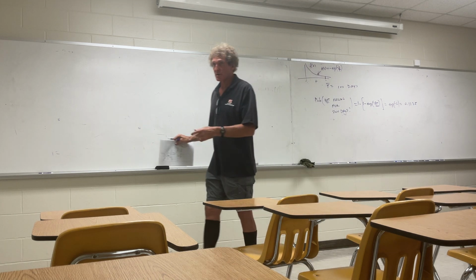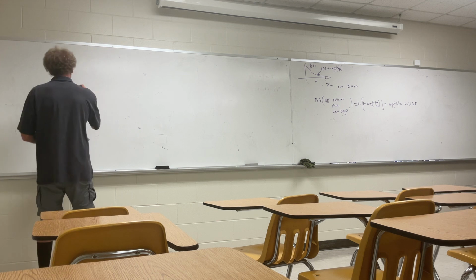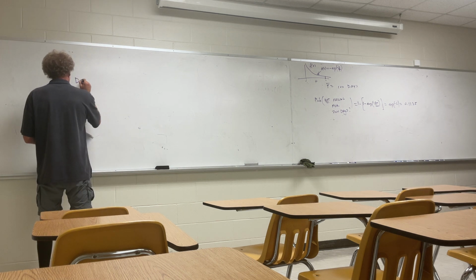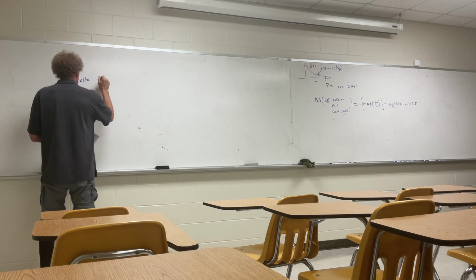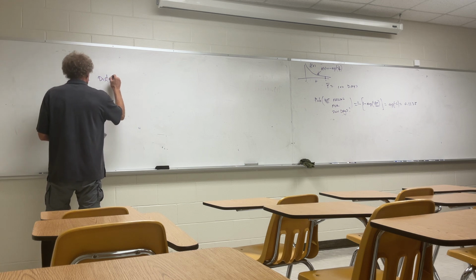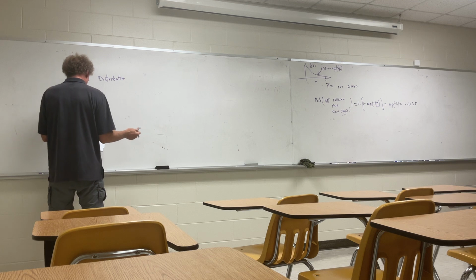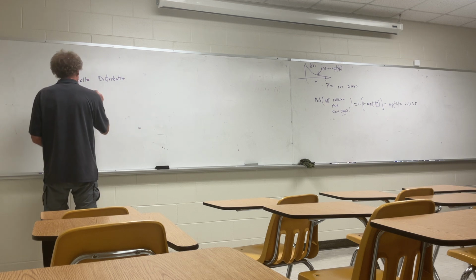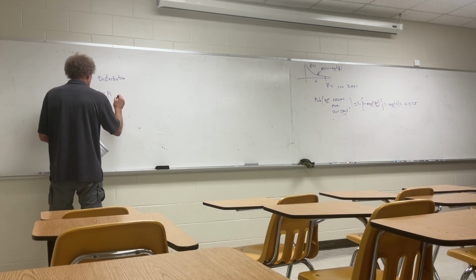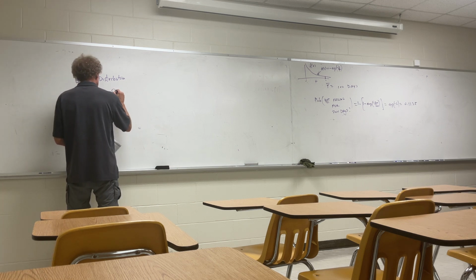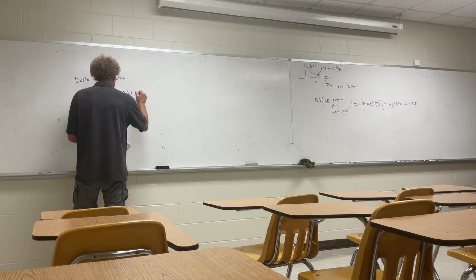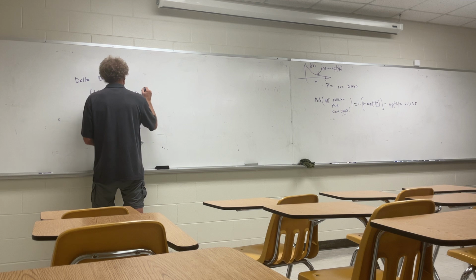All right, this is called a delta distribution. The only thing they're talking about is that I'm going to use this f of x, a density function, some P1 delta of x minus x1 plus P2 times delta of x minus x2.